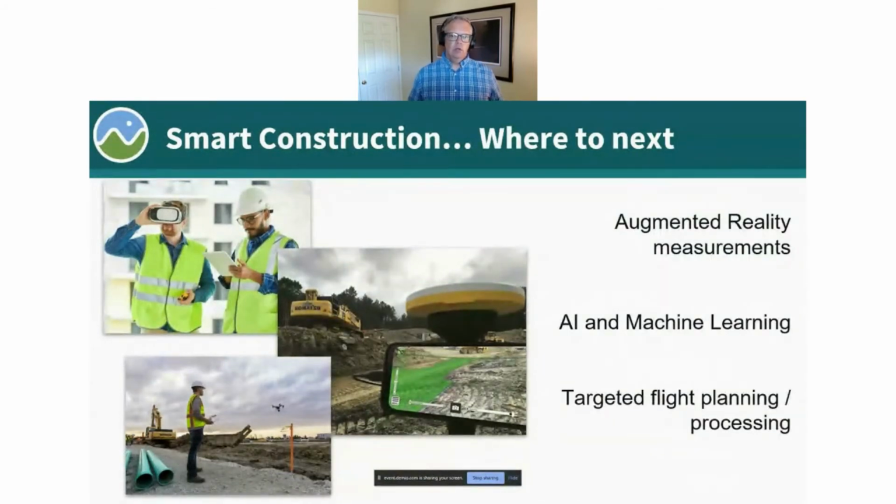Or they can measure stockpile locations via the LiDAR sensors that we're now seeing available in iPads and iPhones. AI, or artificial intelligence and machine learning, can help identification and automated classification of features such as buildings or construction vehicles inside of imagery and 3D terrain, or support automated targeted flight planning to capture areas and work across the site.